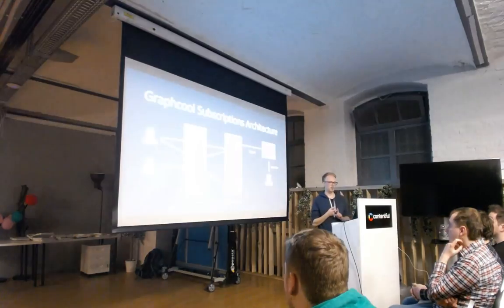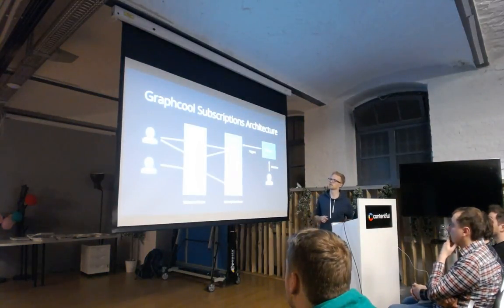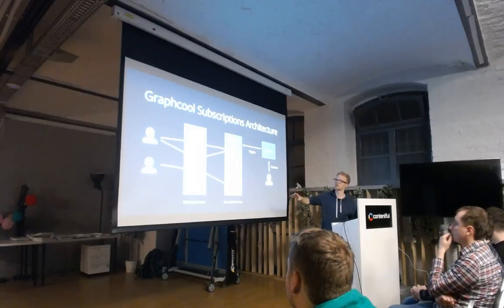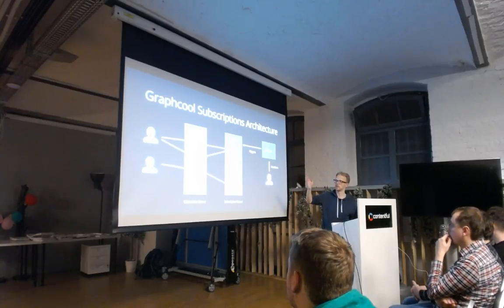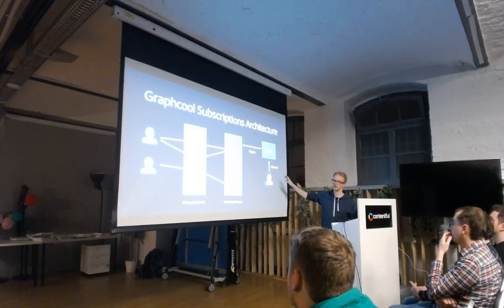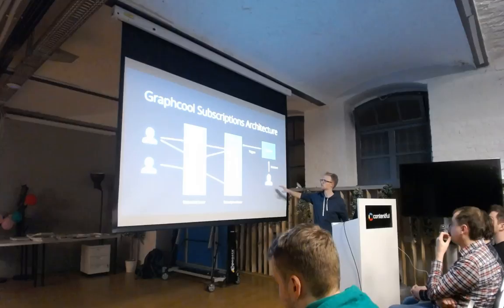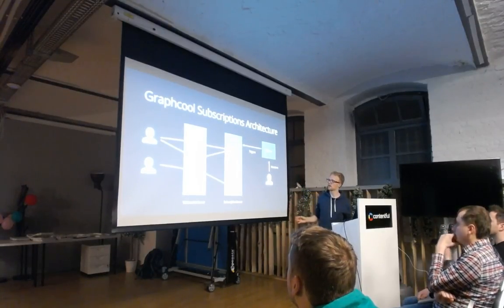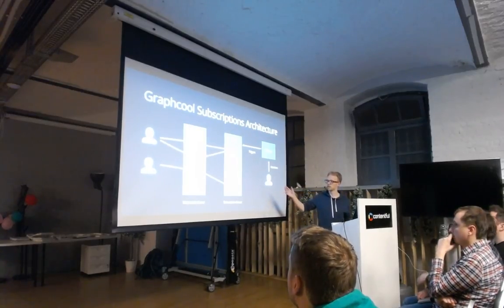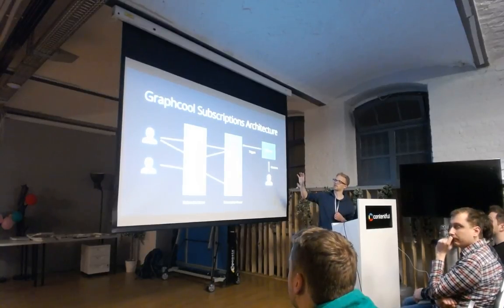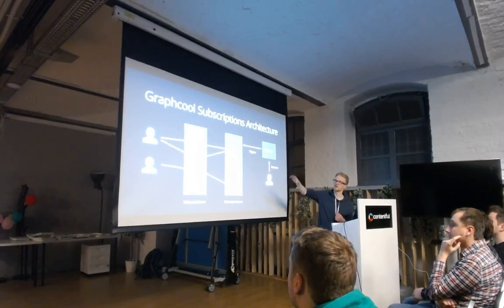How we implement that at Graphcool looks roughly like this. You have your users, and these users are connected to the WebSocket server via a WebSocket connection. Then you also have your traditional API server, where users might send GraphQL requests and therefore trigger events. Here we have this middle layer that we call our subscription server, which maps different kinds of events to existing subscriptions.